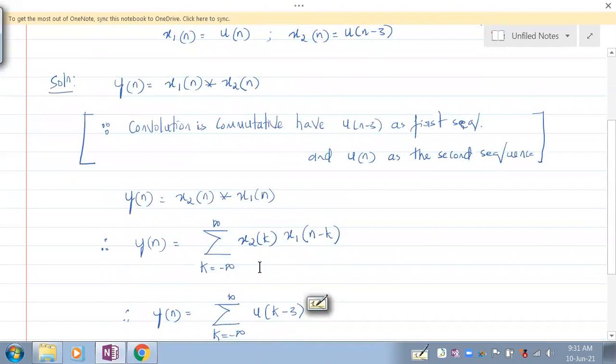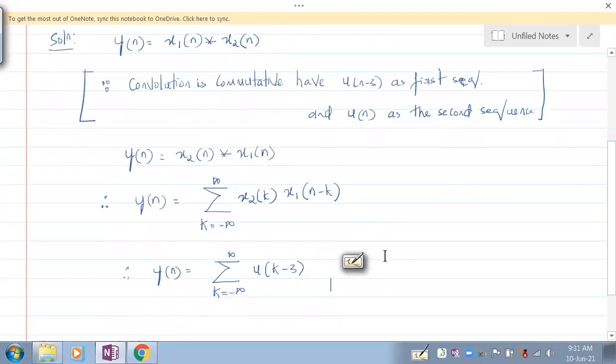So x2 of k means u of k minus 3. Okay, x1 of n minus k means u of n minus k. So that needs to be written here: u of n minus k. So call this equation number 1.